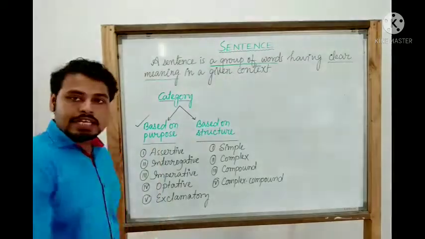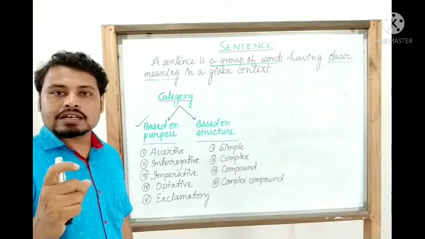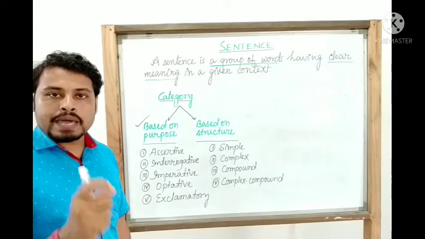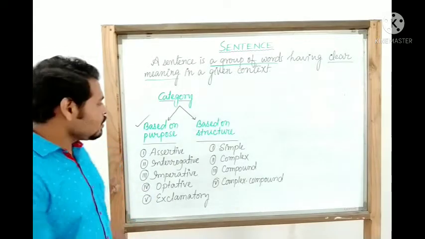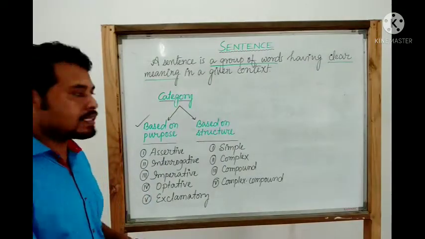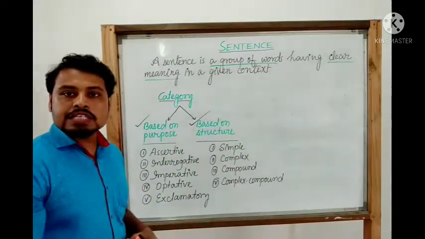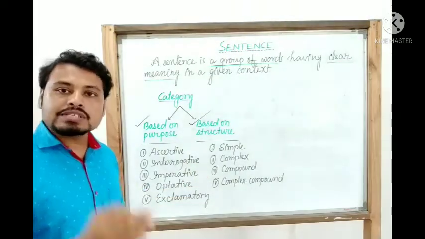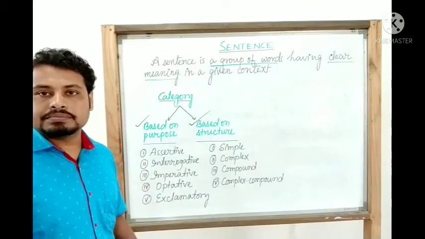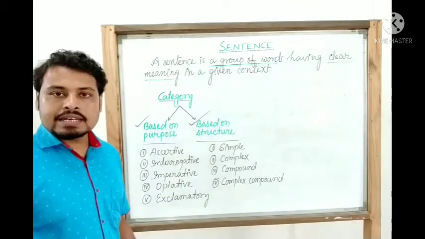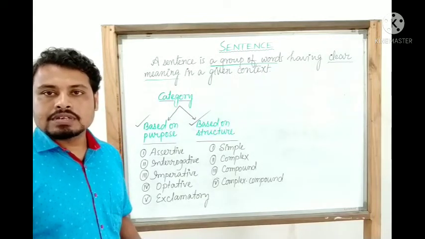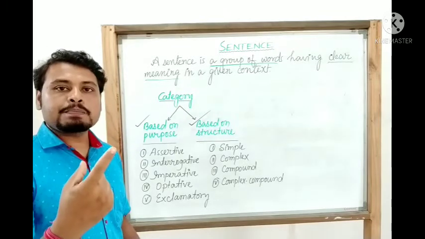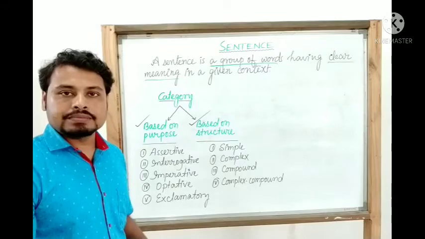That is why these 5 types of sentences come under the category of sentences based on purpose. Along with the first category, we have also with us sentences based on structure. That means these sentences are structurally different from each other. That is why they are called sentences based on structure. So 2 distinct categories we have: sentences based on purpose and sentences based on structure.